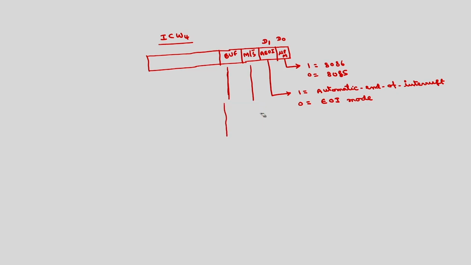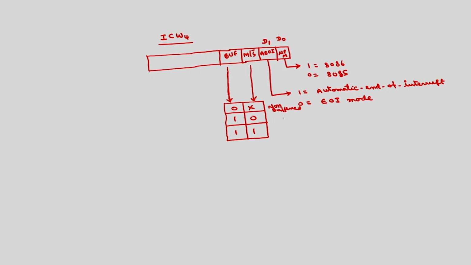The corresponding operation is 0x, which means this can be 0 0 or 0 1, and we have 1 0 and 1 1. 0x means non-buffered.